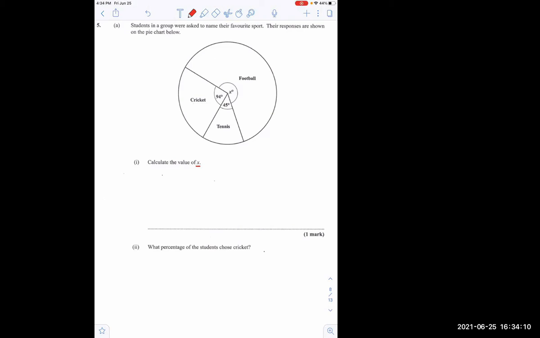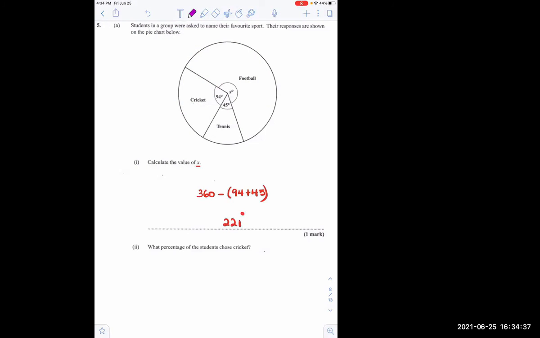All right, work it out. So 360 minus 94 plus 45, 221 degrees. Yes?